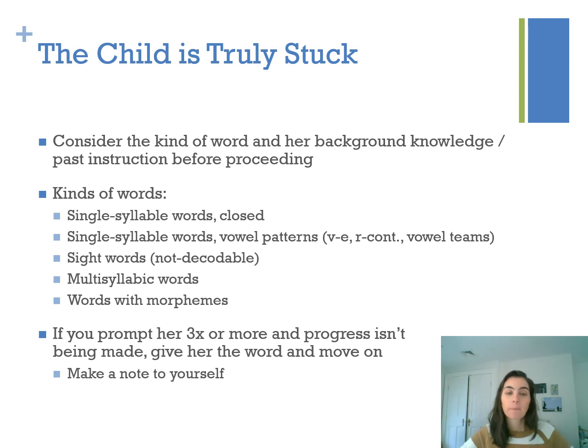Have you not? Is it a multisyllabic word where they can apply their word breaking skills? Does it have a prefix or suffix, and you can tell them to cover up the prefix or suffix and read the base word? So you're going to be cueing them differently depending on what kind of word it is, and you should be able to notice in a millisecond what kind of word it is. We want you to have that automatic knowledge.